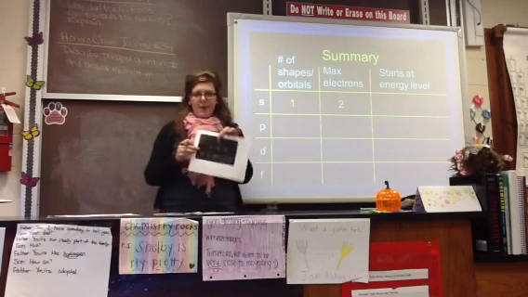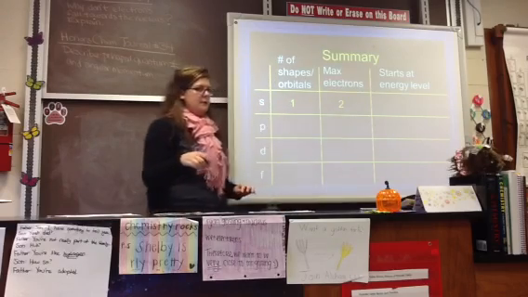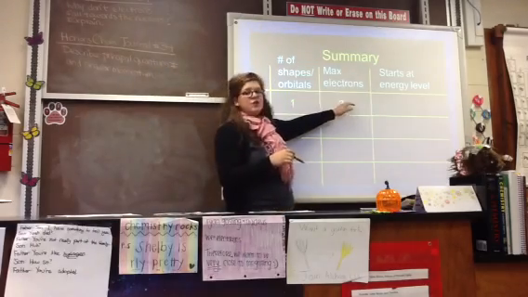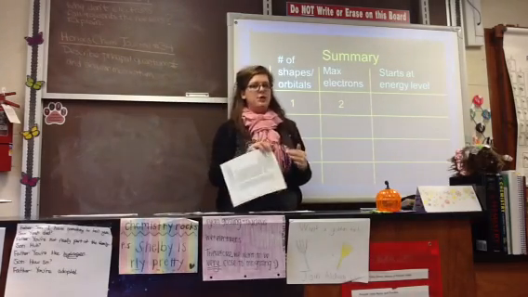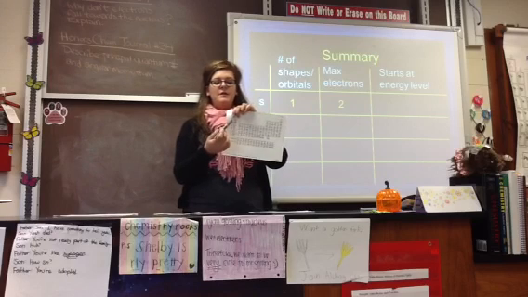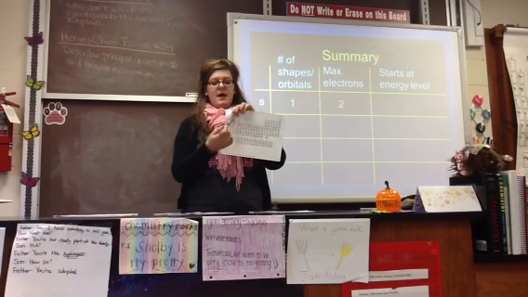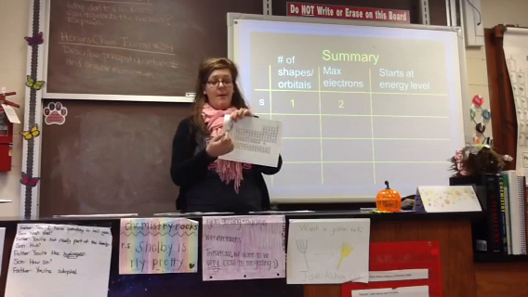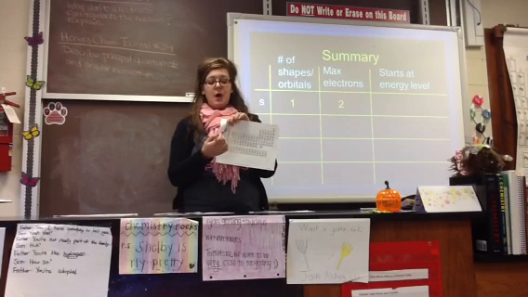In this orbital, I can hold a maximum of 2 electrons. So in these shapes, I can hold a maximum of 2 electrons. This should make sense to you. If you look at where lithium and beryllium are, this would be the first column in S, and then beryllium would be the second column in S. So lithium would hold the first electron, beryllium would be the second electron.